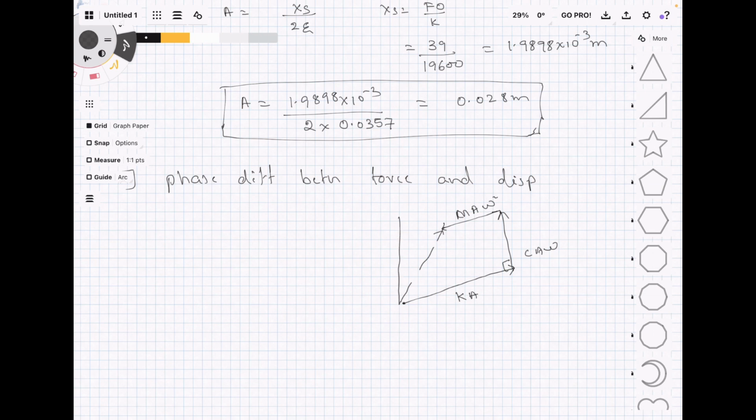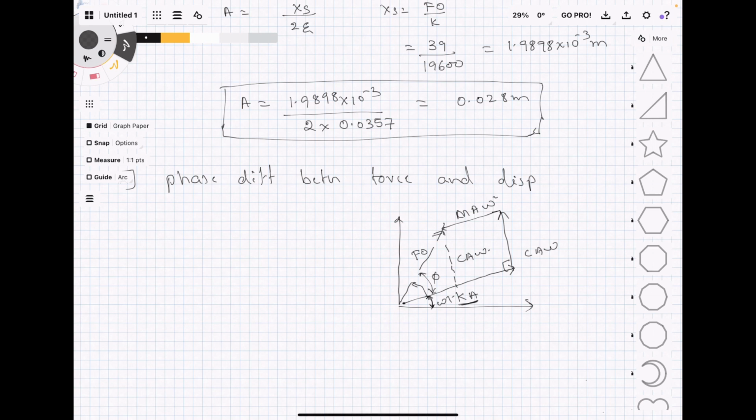If I draw the coordinate axis here, we get omega t, and this was phi. If I draw the parallel line here, this becomes ca omega. This is F naught, and this is the vector. What is the phase difference between the forcing function and the displacement? Displacement will be this part, forcing function will be this part.